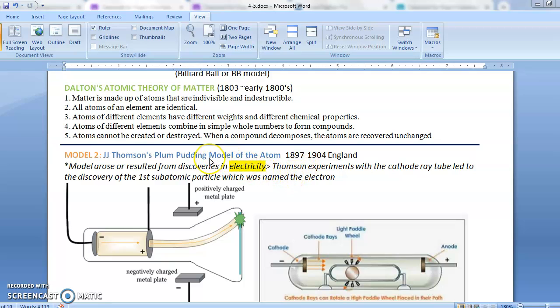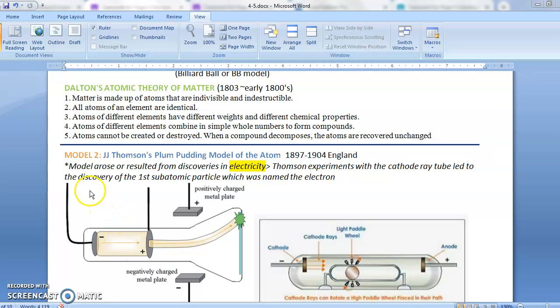Now, the discovery of this first subatomic particle, which we now call the electron, surprisingly came from studies in electricity. Thomson did experiments with what we call a cathode ray tube. A cathode ray tube is a tube that's filled with almost nothing. It's a vacuum tube.